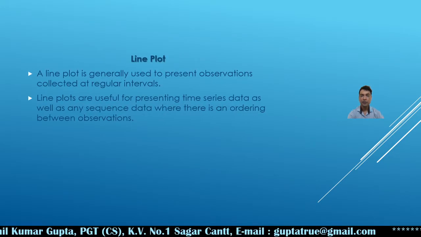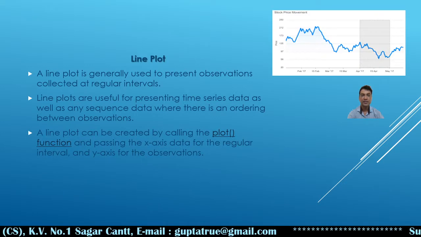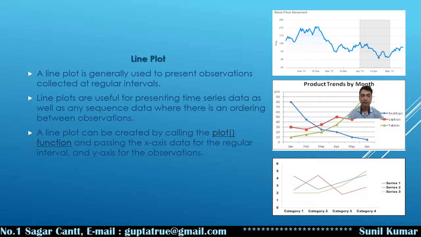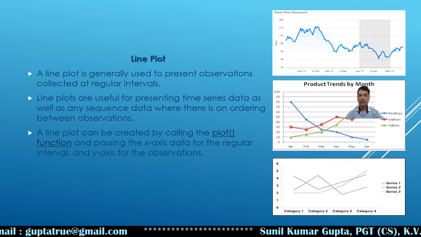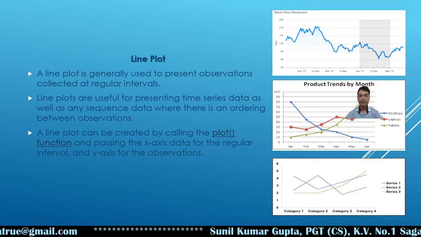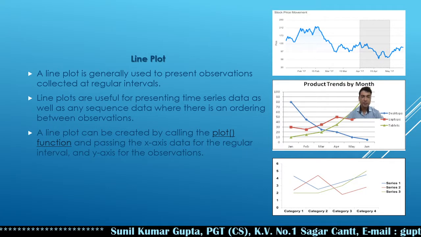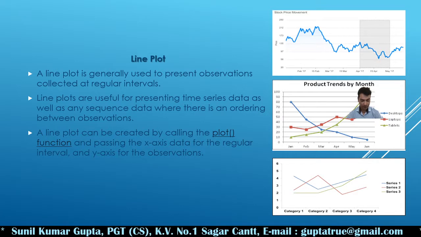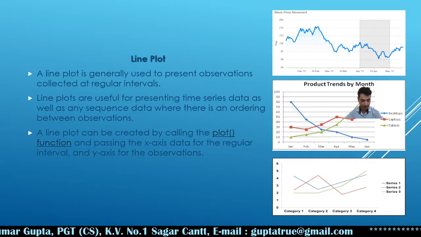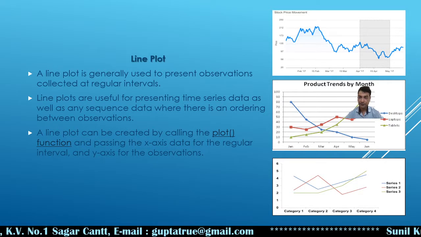In this tutorial, we will discuss the line chart only. The line chart is basically a type of chart which displays information as a series of data points called markers connected via straight line segments.